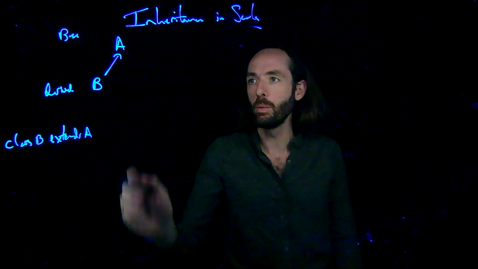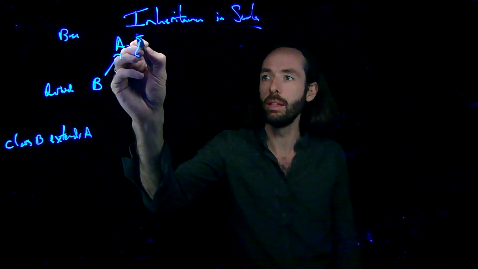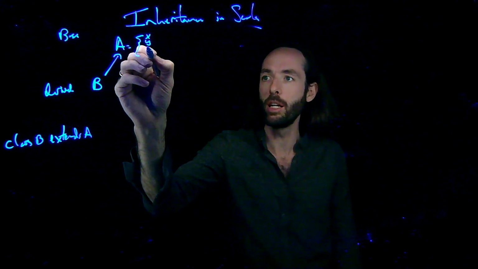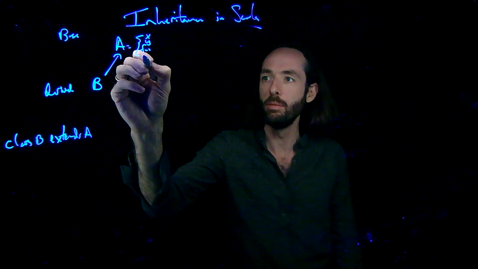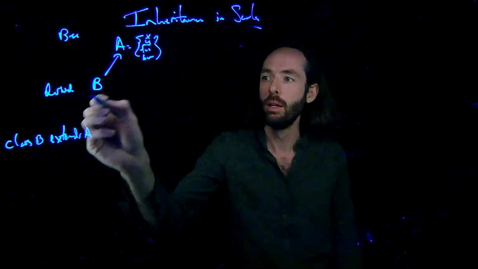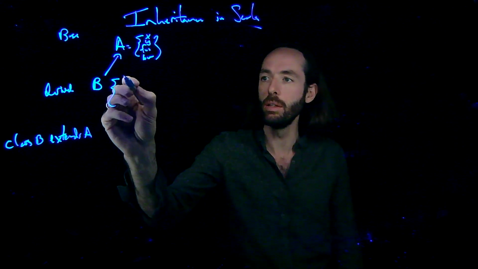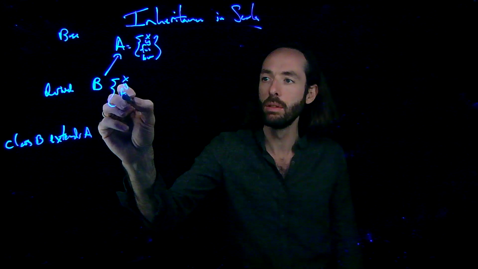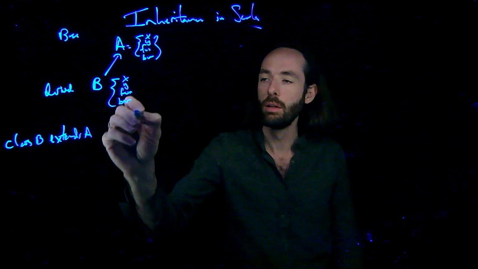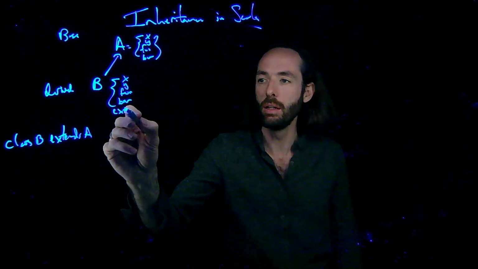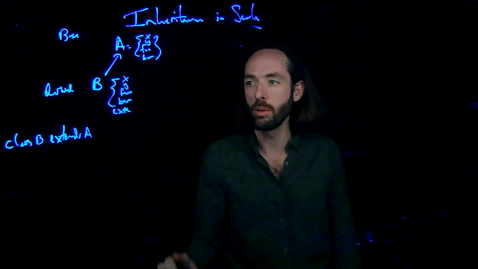The idea is that whatever content A has, maybe it has some variables x and y and some functions foo and bar, then B also gets those with the same definitions. We could have some extra definitions afterwards.